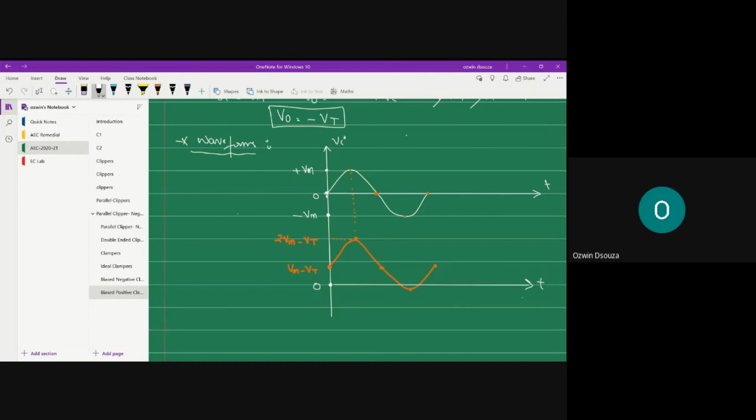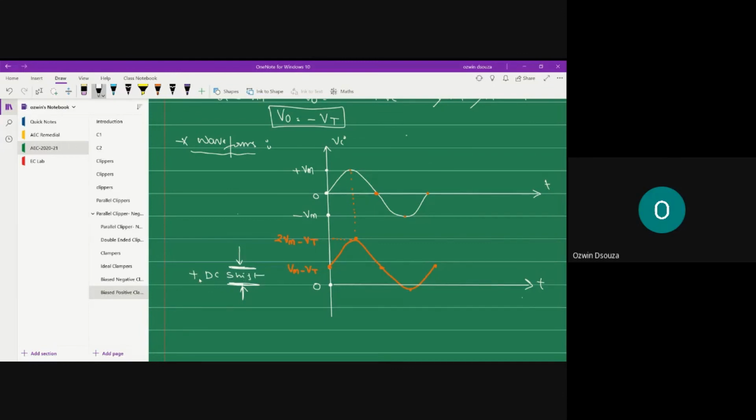Your input wave was at 0 volt level. Now the origin of the output waveform is shifted to a new level, and that level is Vm minus Vt. So this is the DC shift.